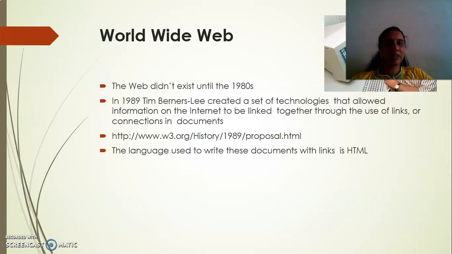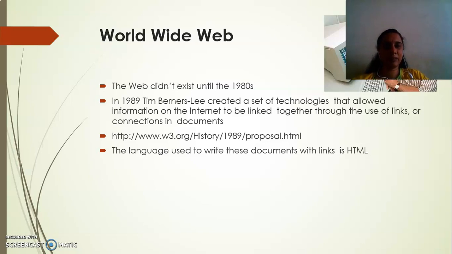Like that, we have this famous person, Tim Berners-Lee, who created this set of technologies for the World Wide Web. See, the internet is different and the World Wide Web is different. The World Wide Web is a huge collection of so many resources, and in order to create resources like that, you need to follow certain standards and guidelines.